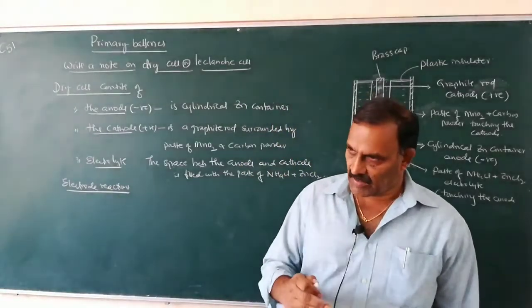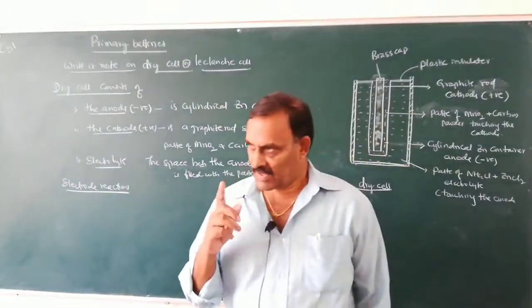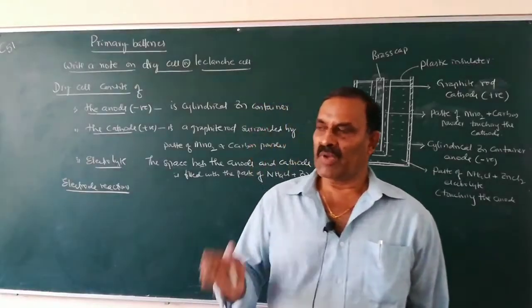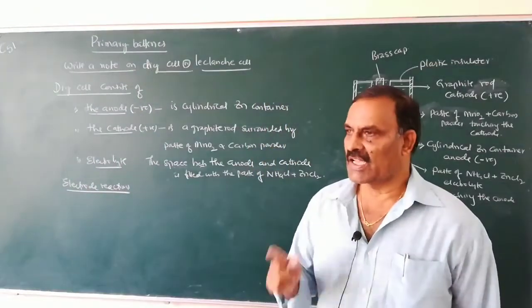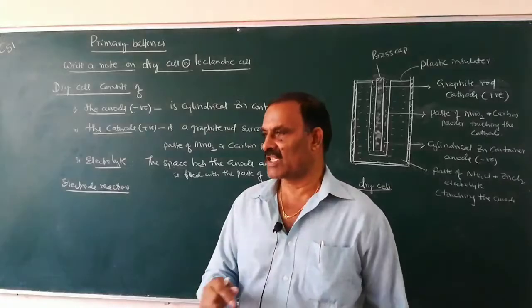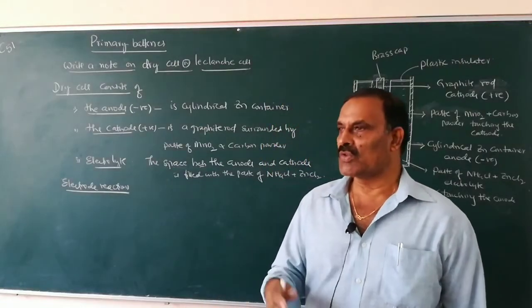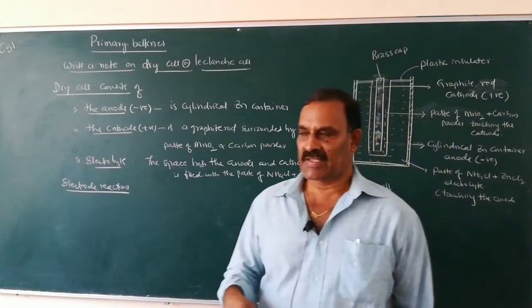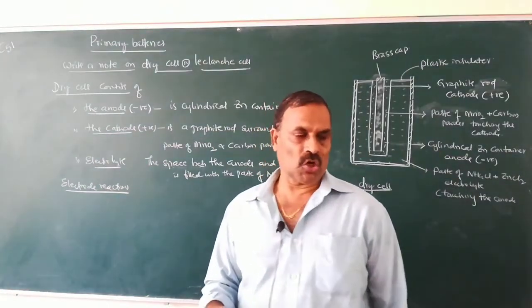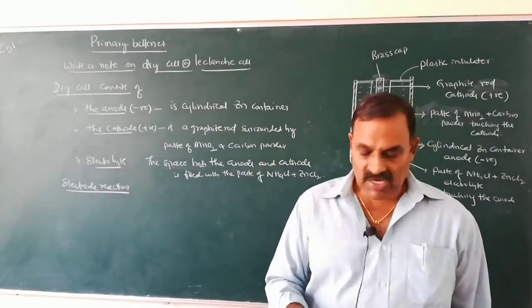Coming to the secondary batteries, batteries which can be recharged by passing electricity in the opposite direction and can be used for so many days repeatedly are called secondary batteries.